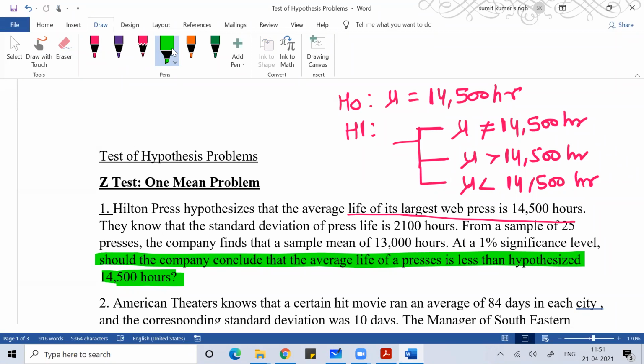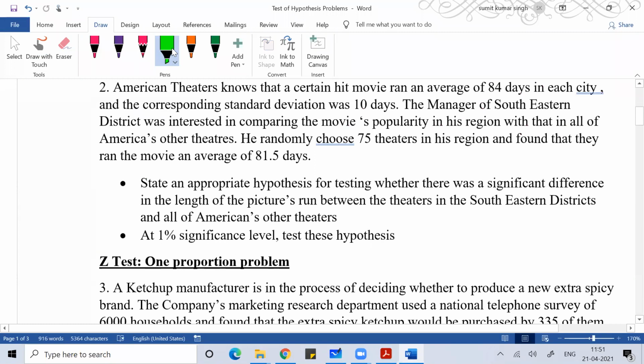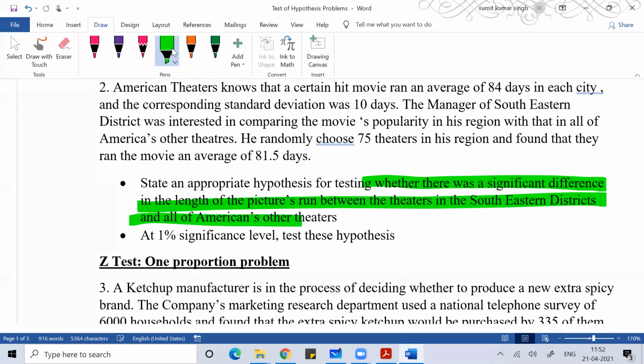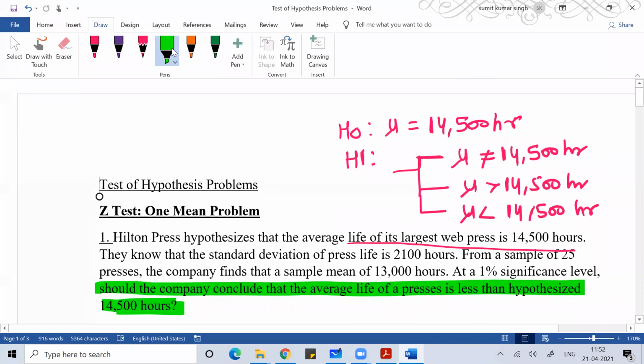Sometimes the question will end where you need to just prove that it is not equal. You are not interested in greater than or more than, but sometimes they expect you to do research greater than or more than.